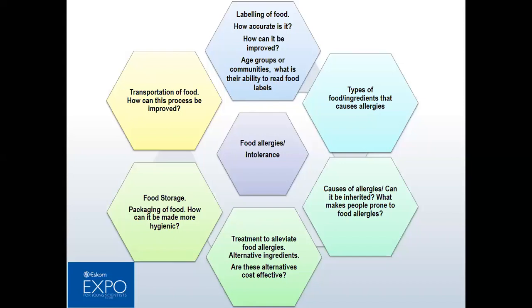So perhaps with this project, maybe I could design something. I could do a technology project and look at designing a container or designing a truck that could improve the refrigeration process for food. The other one, labeling of food. How can it be improved? What about age groups, in terms of the age of people?